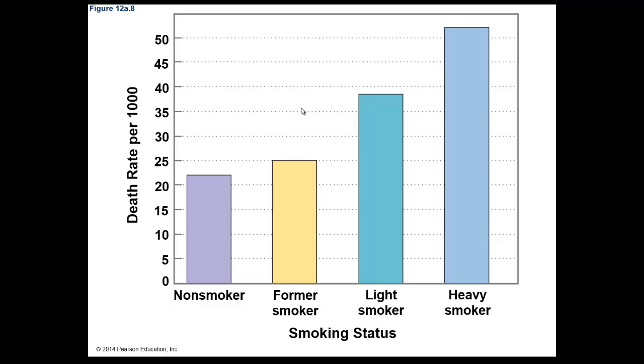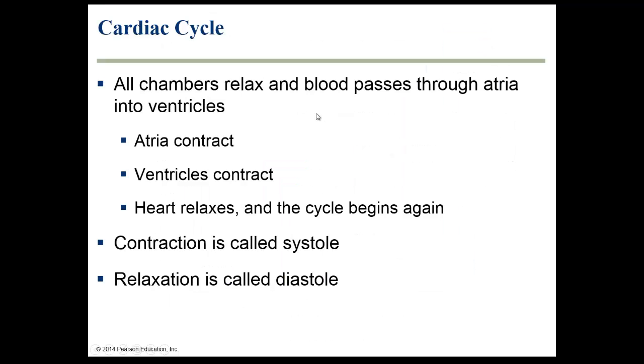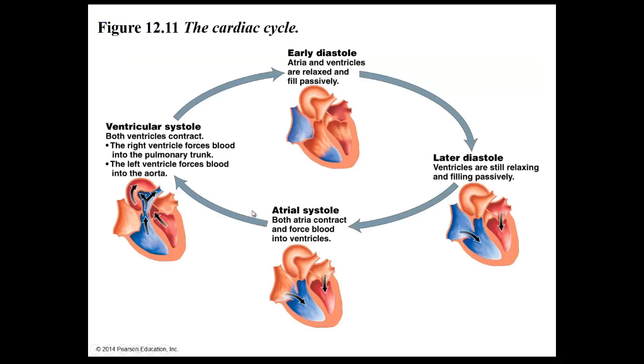So if we look at the heart chambers and how they move blood through the system, we call that the cardiac cycle. When we use the term systole, systole just means that the ventricles are contracting. So if we're looking at ventricular systole, it means the ventricles are contracting, they're moving blood out of the heart. Atrial systole refers to the atria contracting and moving blood from the atria into the ventricles.